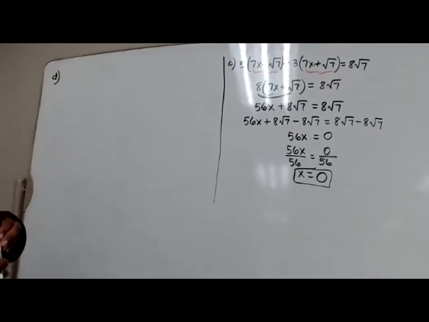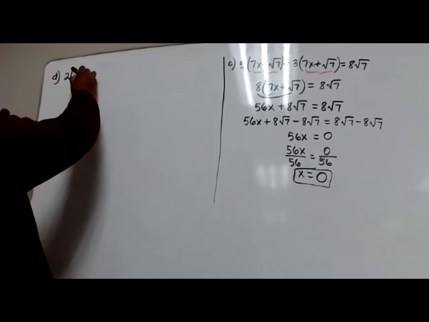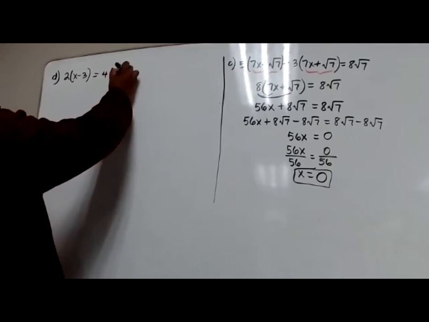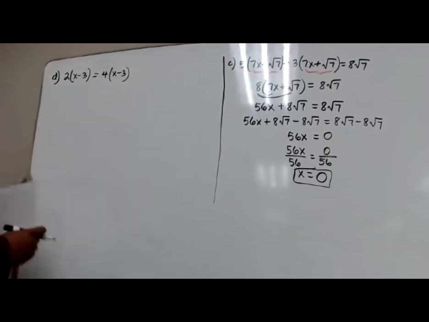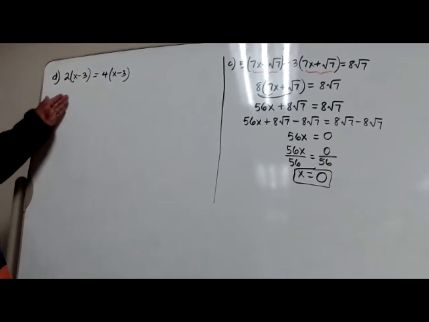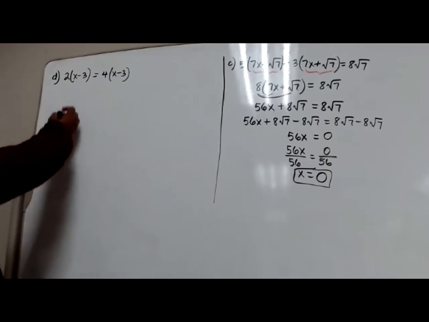All right, so part D looks like this: 2 parentheses x minus 3 is equal to 4 parentheses x minus 3. In this case, I would just use the distributive property, distribute the 2 over the x minus 3 on the left side and distribute the 4 over the x minus 3.